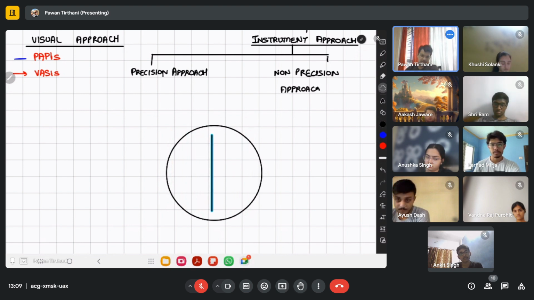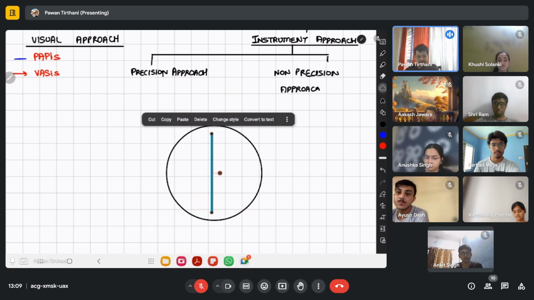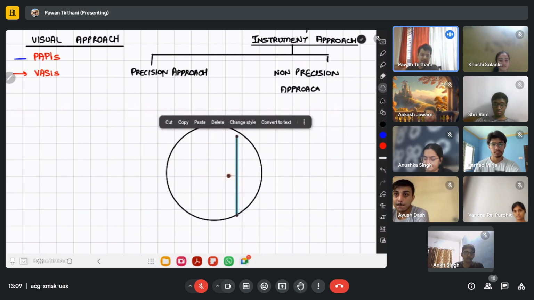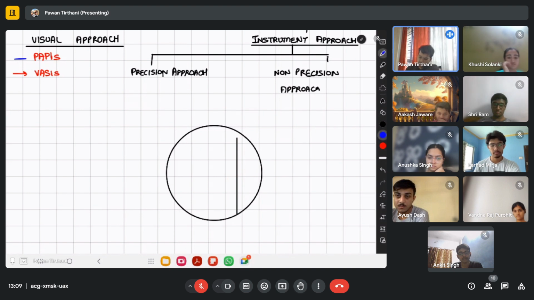Absolutely yes. But to the pilot, if I'm only giving him left and right guidance, if I'm only guiding him, buddy, go left, buddy, go right, that means I'm guiding him in the horizontal plane. It's called horizontal guidance.